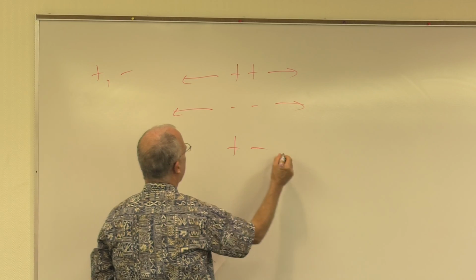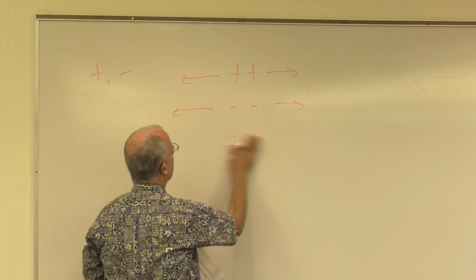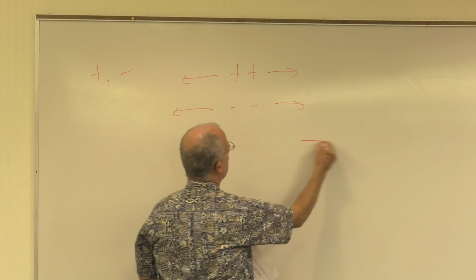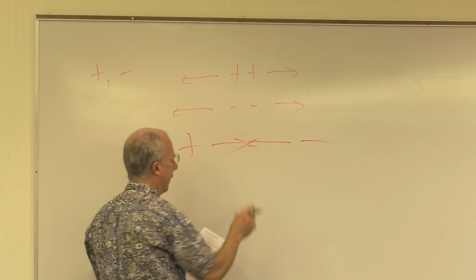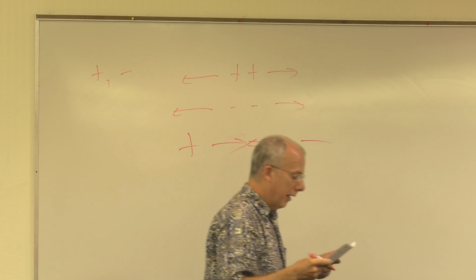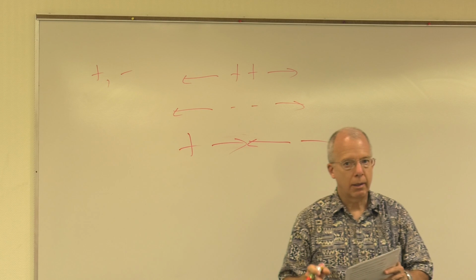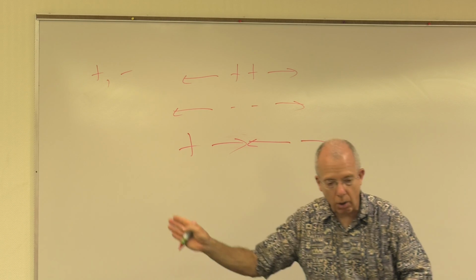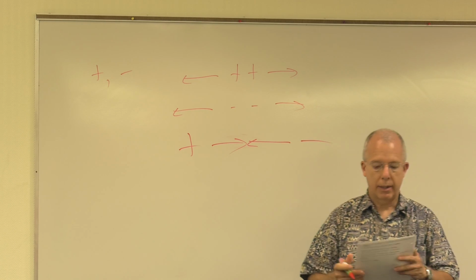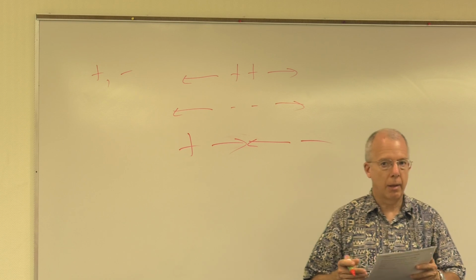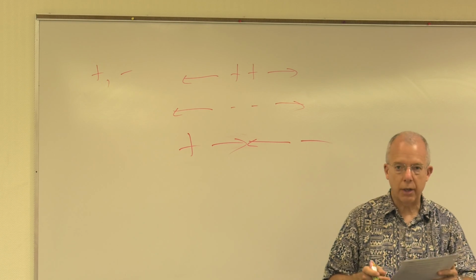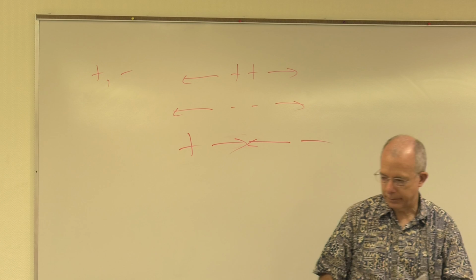But if you have unlike charges, let me draw it like this. Unlike charges, they attract. All right. A conductor, like a wire, a conductor charges flow along a wire. An insulator, like a dry piece of wood, the charges don't flow.